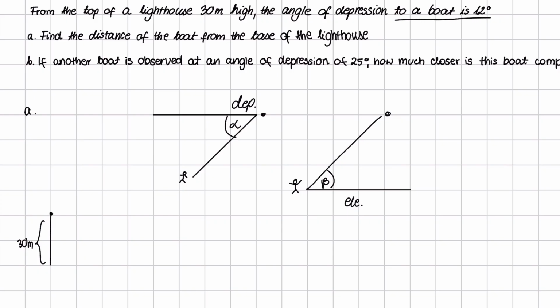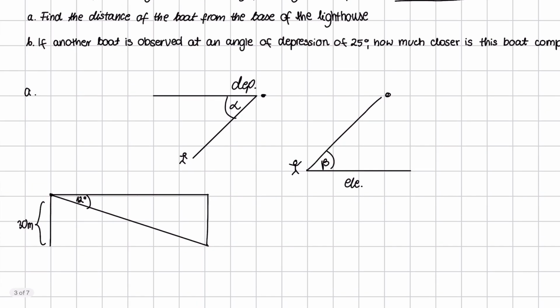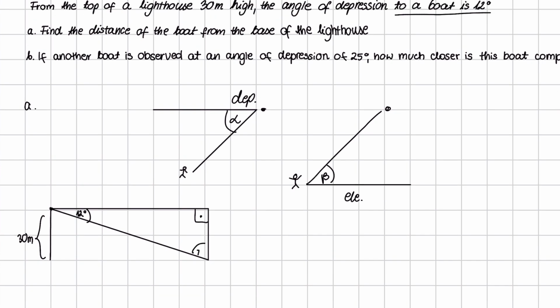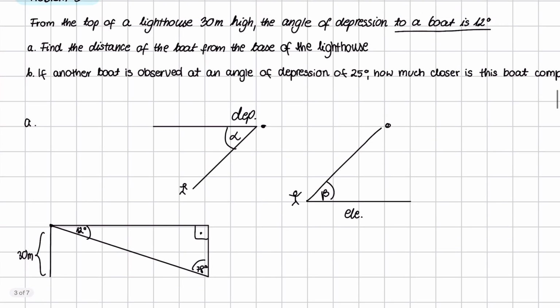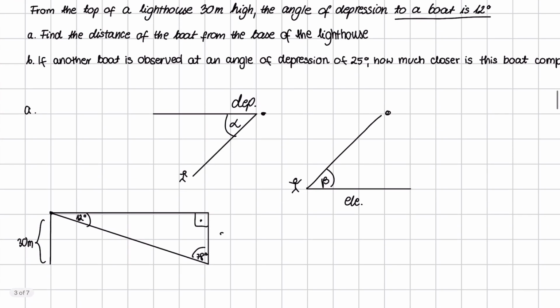So here we have our sky, and here we have our angle of depression, so 12 degrees. Here we can make our line longer, and we know that it forms a right-angled triangle. So of course here we have 78 degrees, and here of course 30 meters, because this side is the same as this side, and of course this is the same as this.